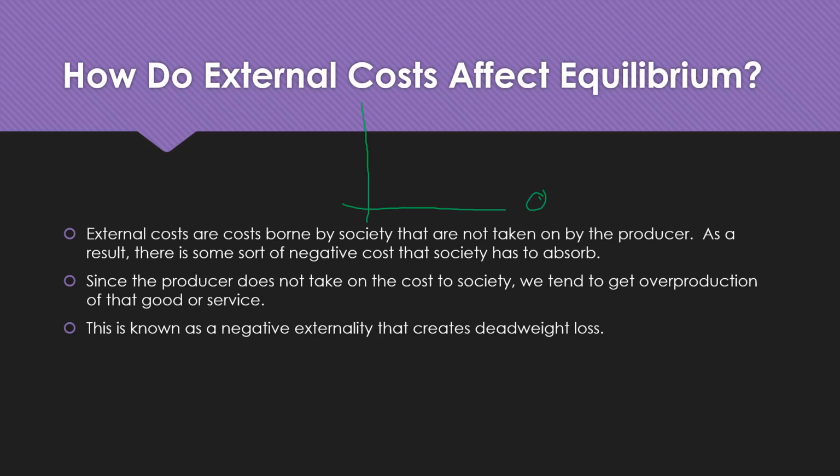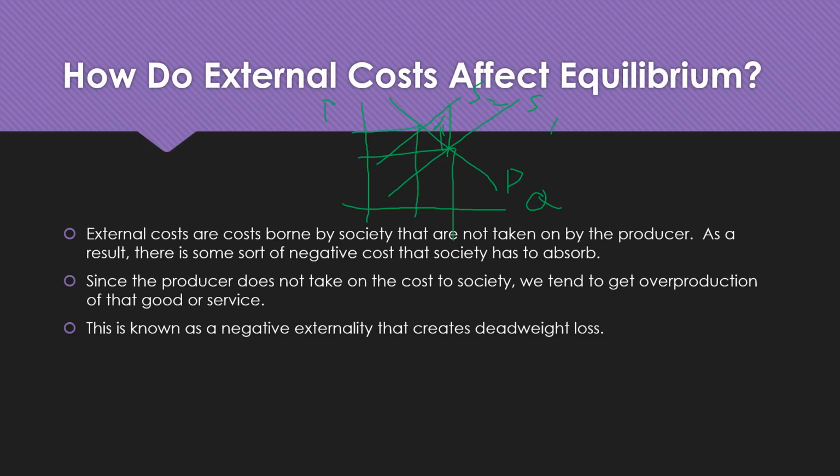And the way we're going to demonstrate that is we're going to draw a new supply curve as if the firm was actually paying for it. So if we shift to the left here and we're operating here, then this overproduction of the good or service, so this is market equilibrium and this is efficient equilibrium, as we'll see in the next slides.